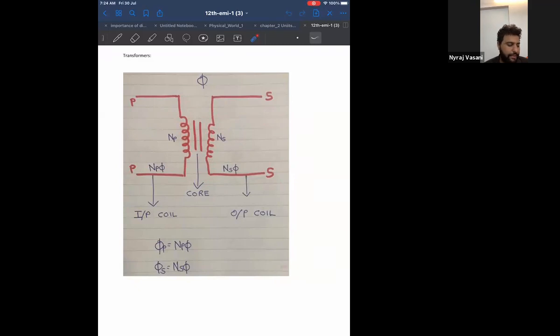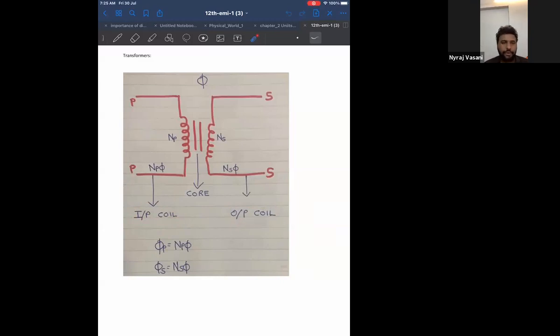And between the primary coil and secondary coil, I have something called as core, which separates the primary coil and secondary coil. And primary coil is called as input coil, and secondary coil is called as output coil, because primary coil is connected to the power source.